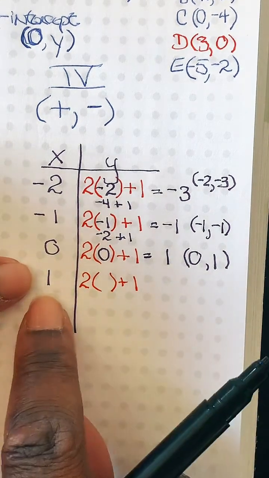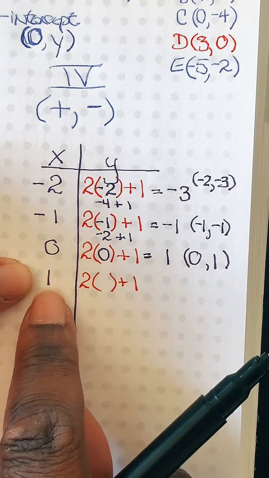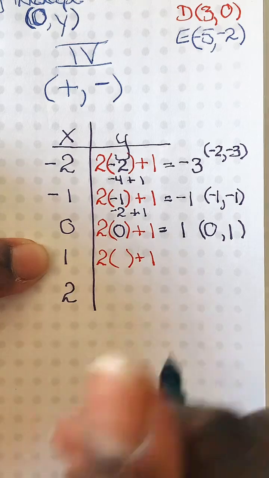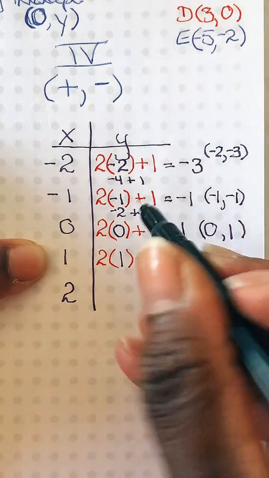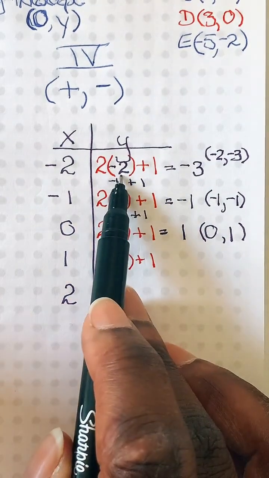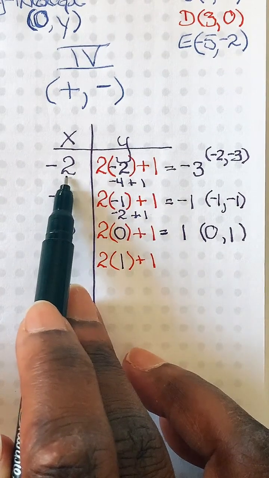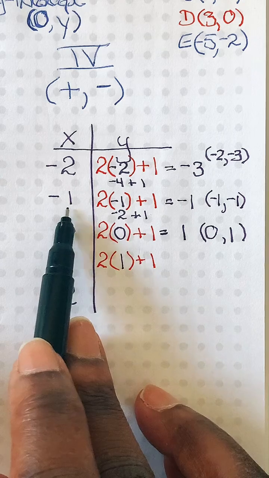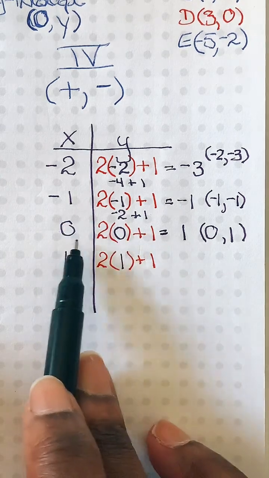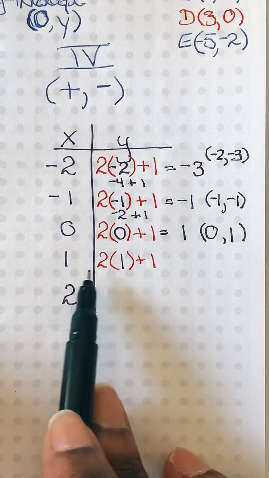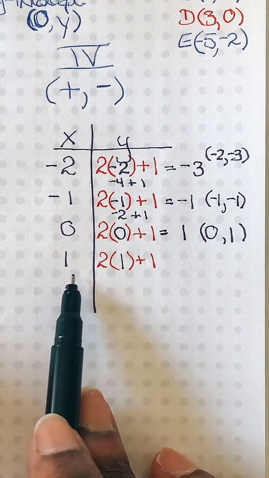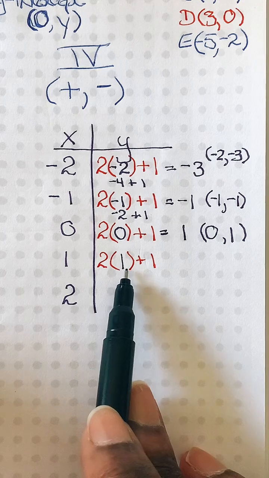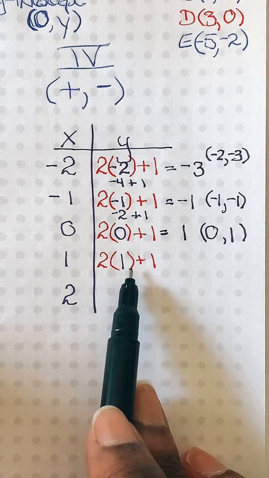So it's going to be whatever our x value is. So in this case, our x value is going to be 1. Because if you notice, first we had a -2. There is a -2 for the x. Then we have a -1. There is a -1 for the x. We had the 0. We have the 1. So whatever we get out here, we're going to plug in here for the x. Yes. So it is going to be the 1.